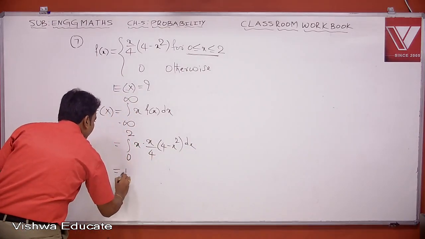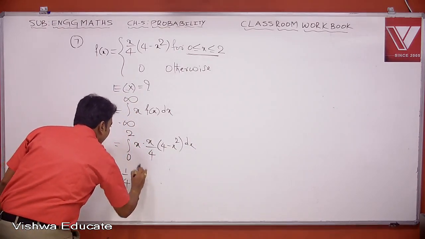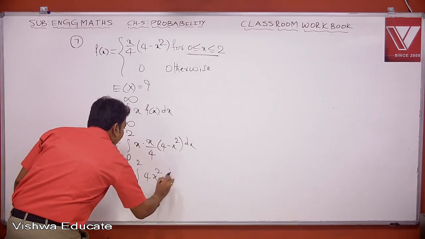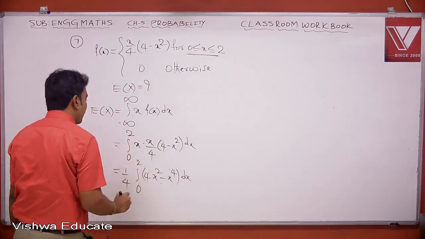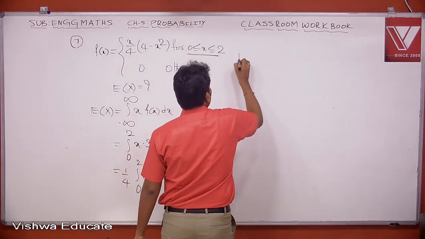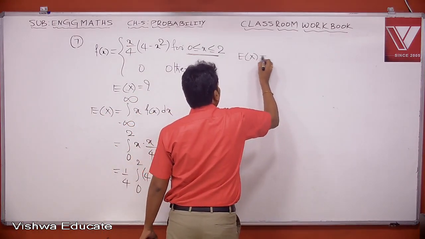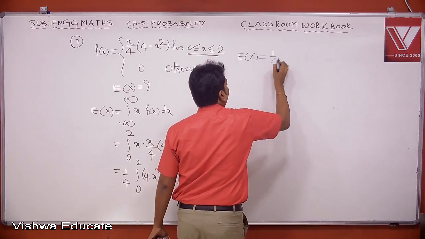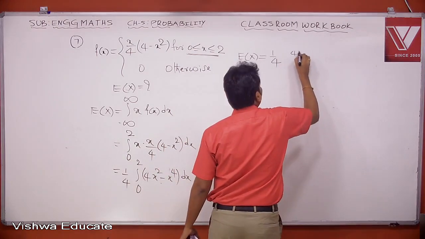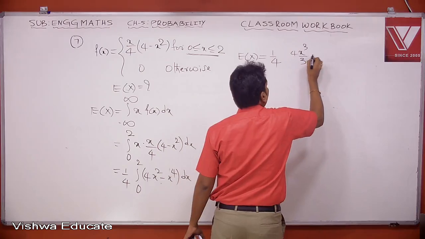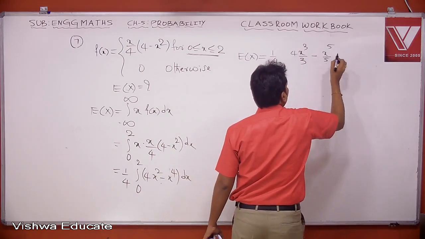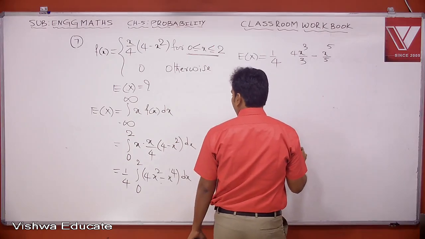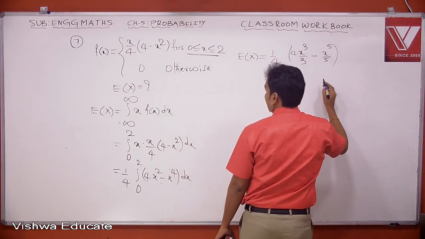So therefore this is 1 by 4 into integral 0 to 2 of 4x square minus x power 4 dx.